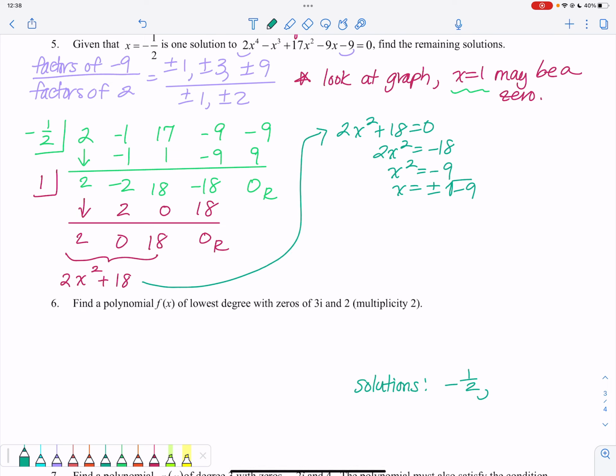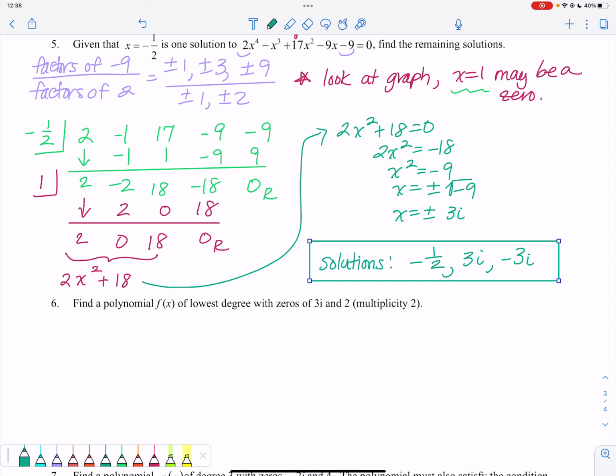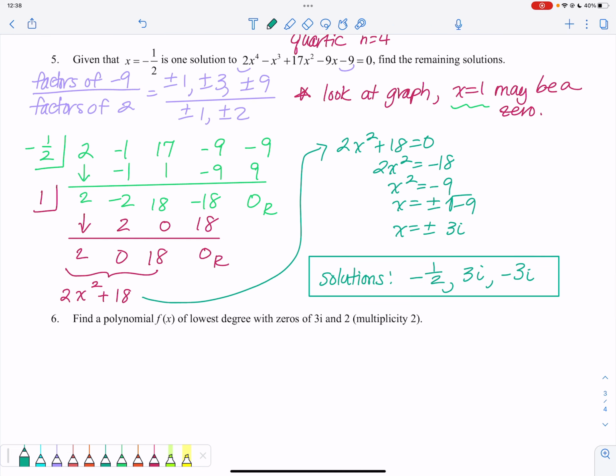Okay, and so now we can look at our solutions. After we finish this, x is equal to plus or minus 3i. So now we have 3 solutions. And we have a degree 3 polynomial. So, excuse me, we have a degree 4 polynomial.